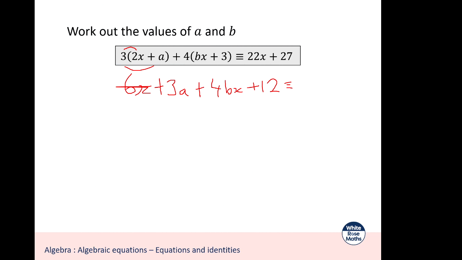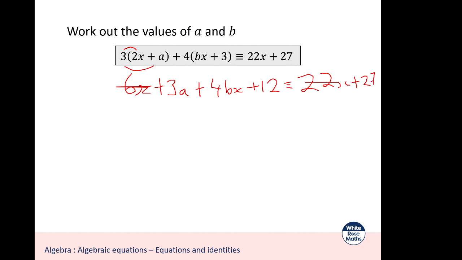That's identical to 22x plus 27. Now, because they're identical, I can compare the coefficients of x.